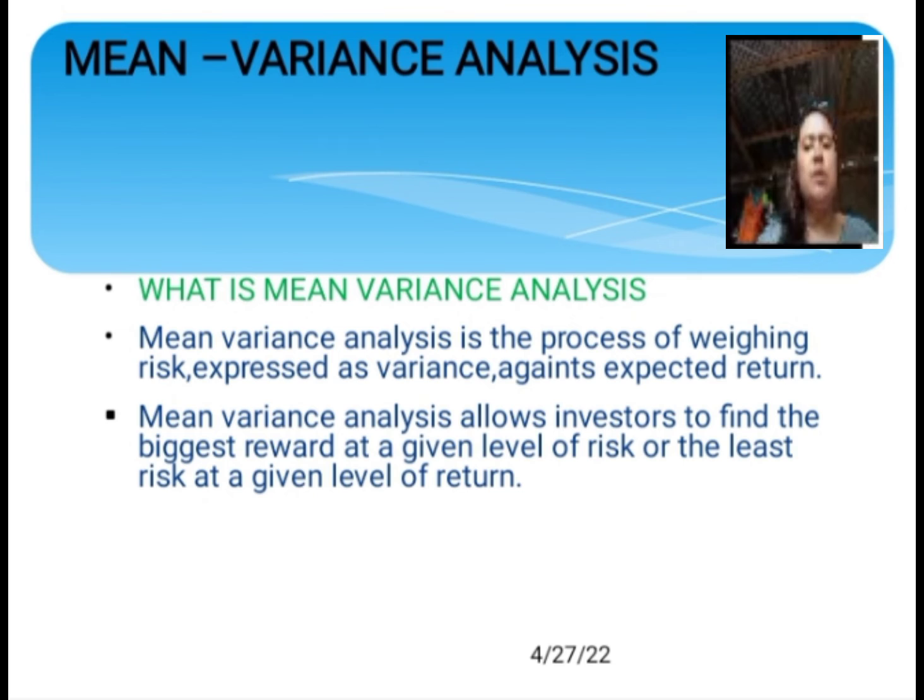If two different securities have the same expected return, but one has lower variance, the one with the lower variance is preferred. Similarly, if two different securities have approximately the same variance, the one with the higher return is preferred.